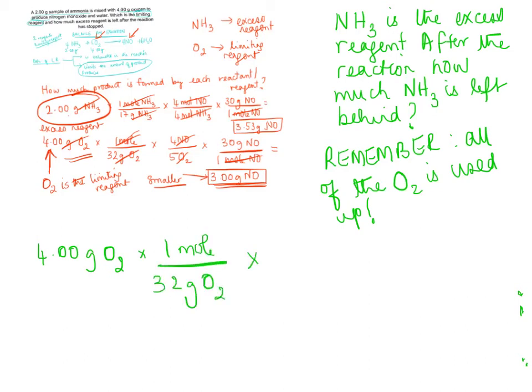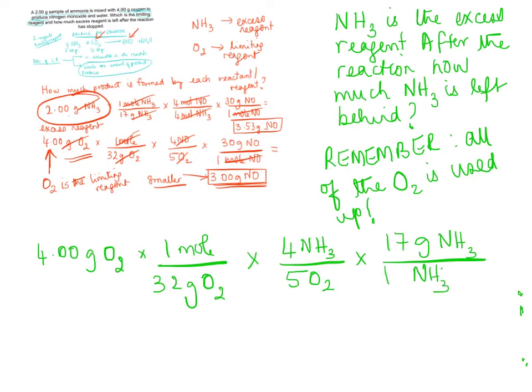And these many moles of O2 react with NH3 in the ratio 4 NH3 to 5 O2. And let's convert that to grams of NH3. And you get 1.70 grams of NH3.